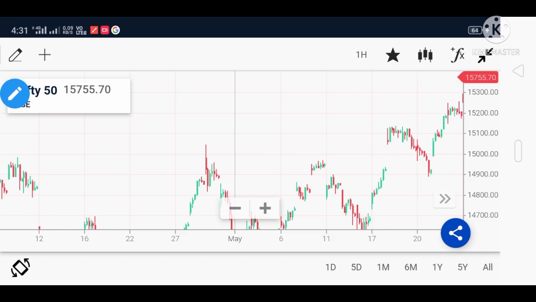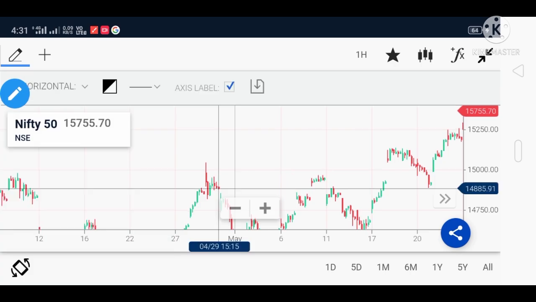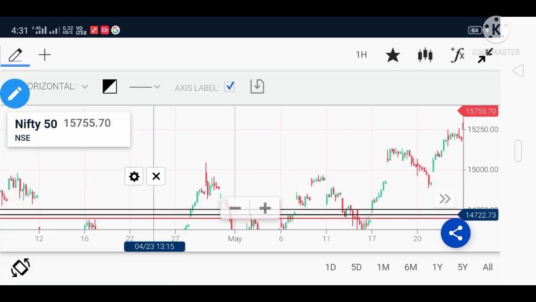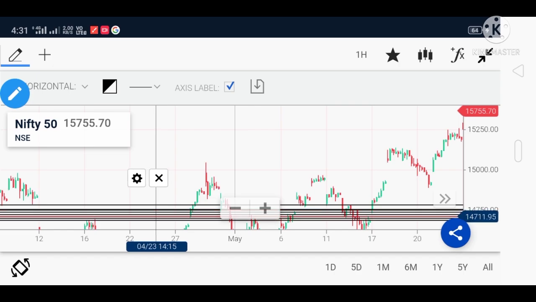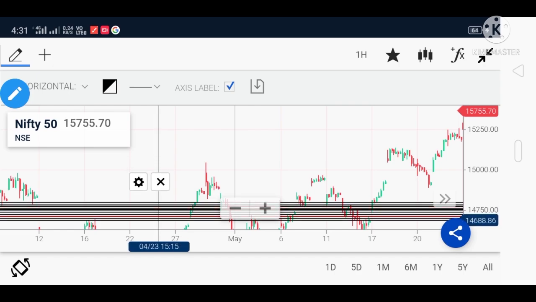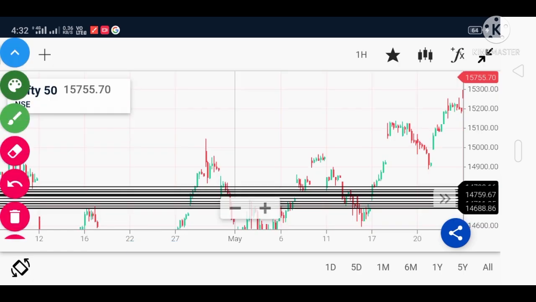I keep this many lines here. Okay, lines are done. So come on, traders, now keep your eyes on it.